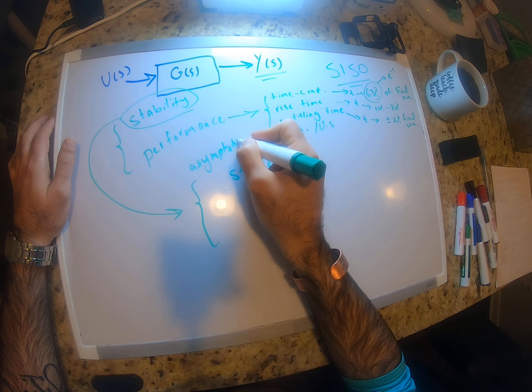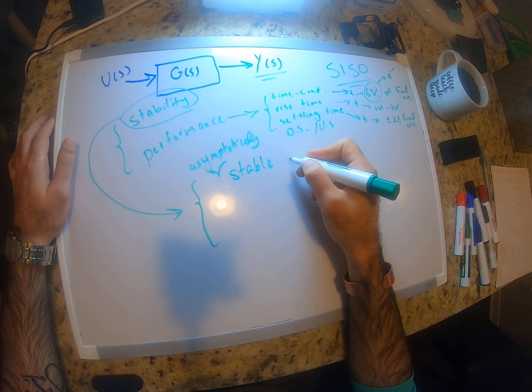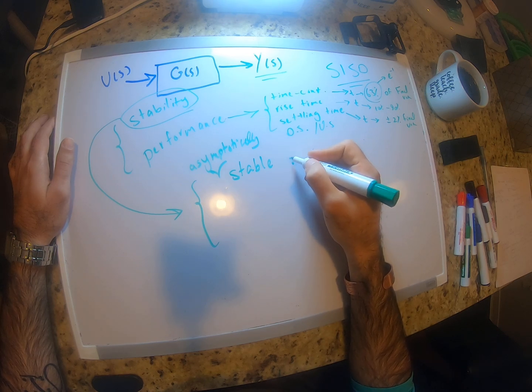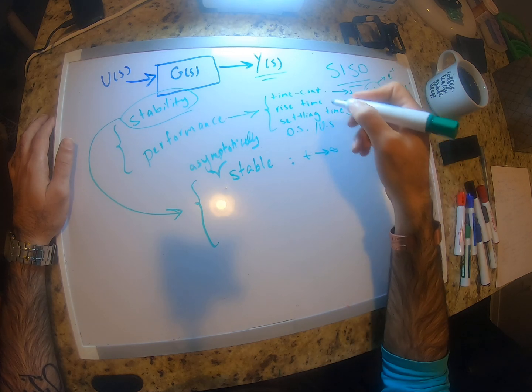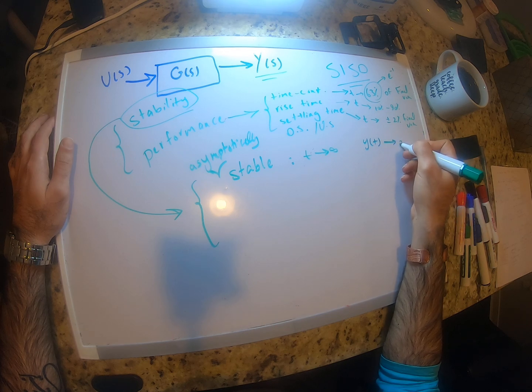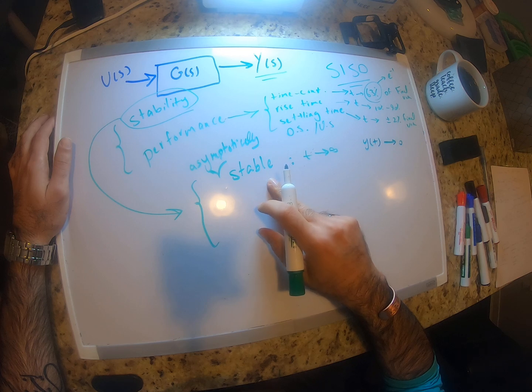Asymptotically stable is for a signal that when t goes to infinity, y of t goes to 0. This is called a signal that's asymptotically stable.